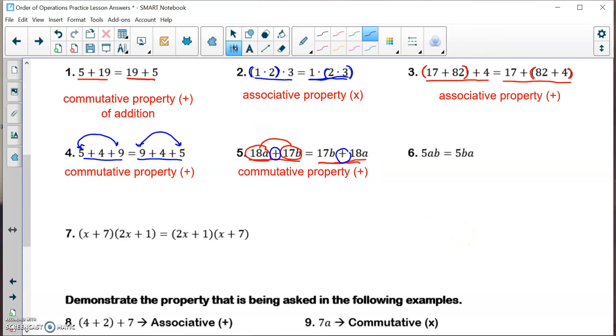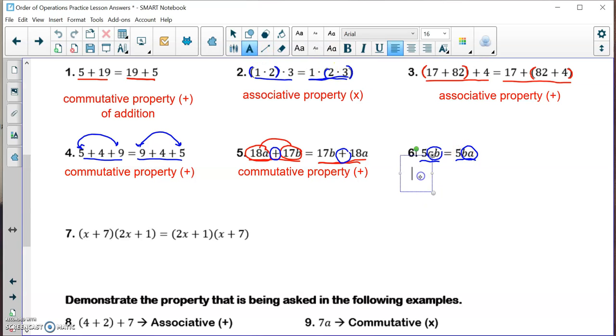I have a 5ab on the left. I have a 5ba on the right. What happened was the a and the b flipped around. Now, since there's no symbols here, there's technically multiplication symbols between the 5, the a, and the b. So this is, since the order flipped around between two terms, this is commutative property, and this would be multiplication.